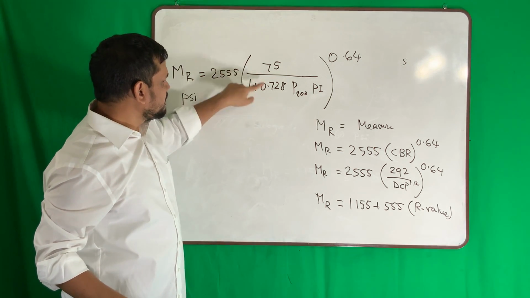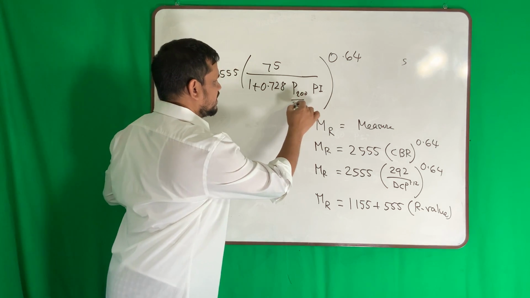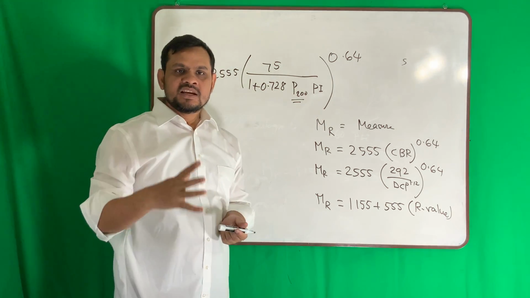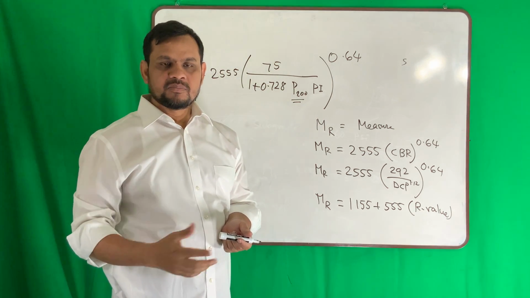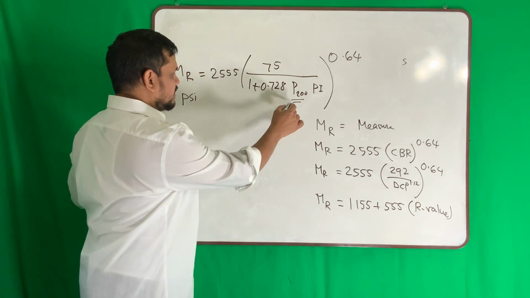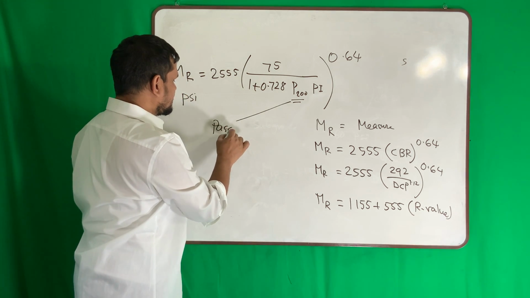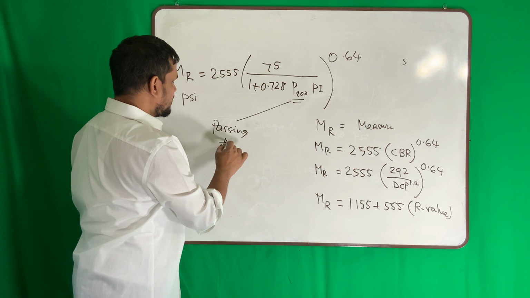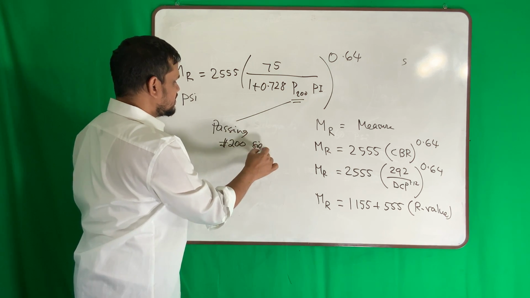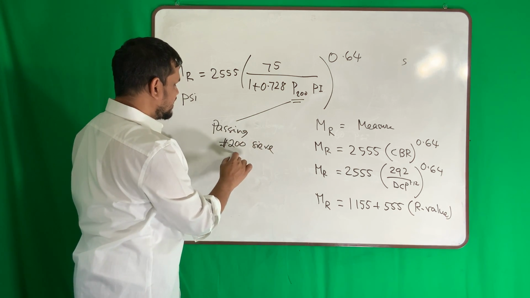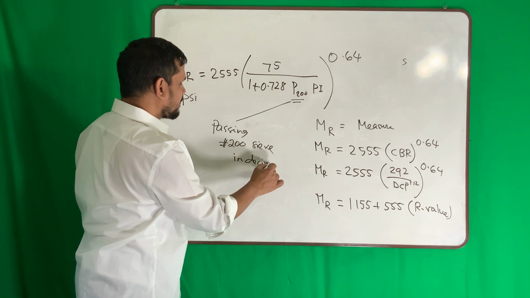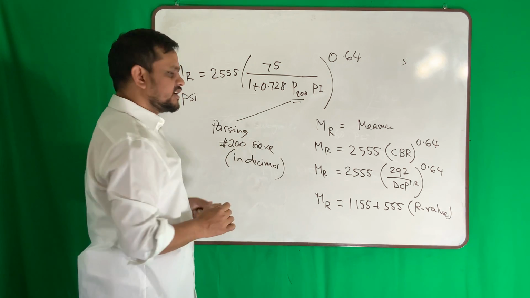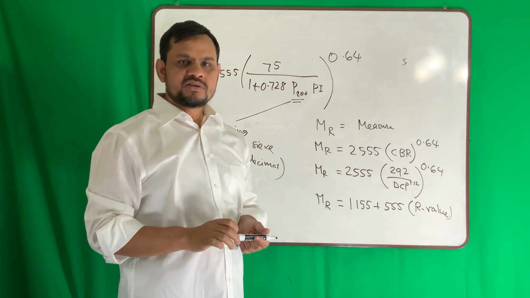This is a number. What is this? P200. Passing number 200 sieve. And we express it in decimal. In decimal. If it is 4%, 0.04.